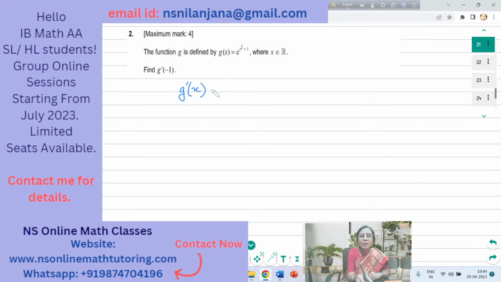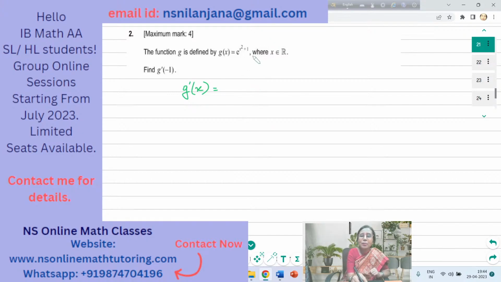G dash x. Okay, let me. I always forget. G dash x equal to e to the power of something, when differentiated, will be giving us e to the power of that power, and then we differentiate the power.